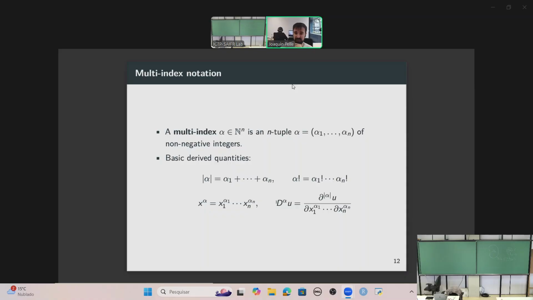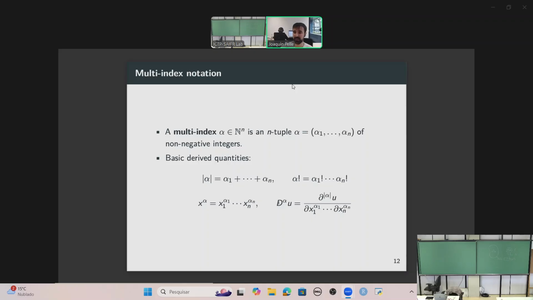So when we say D^alpha of u, where this alpha is a multi-index, what we're saying essentially is the derivative of order |alpha|, which is essentially the sum of all the indexes of each component. So this is the total order of the derivative. And here we take the alpha 1 derivative with respect to x1 and so on, the alpha n derivative with respect to xn.